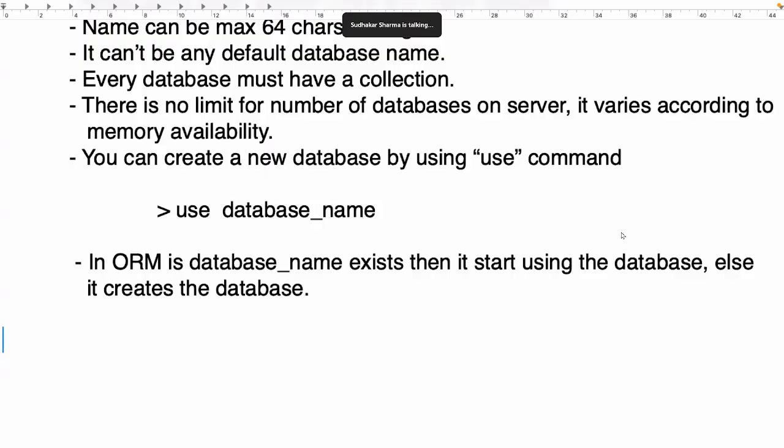But directly it is not available. We have to manually set up such logic. You will see later how we write it. Because MongoDB supports this, the use command will work in two ways. If the database is already there, it will start using it. If the database is not there, it will create it.